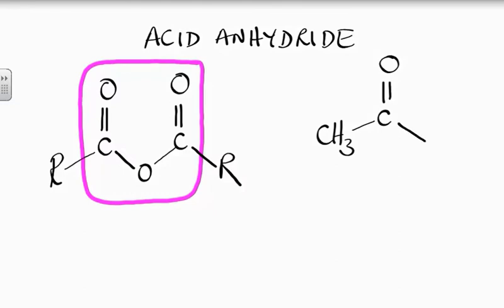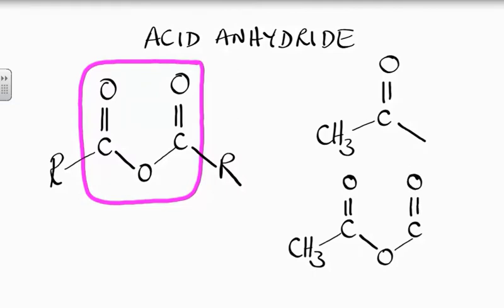So we'll be after the ethanoate group, so we just want 1 carbon attached to each of the carbonyl groups like this. So this is ethanoic anhydride.